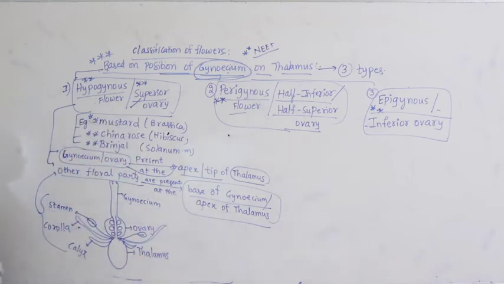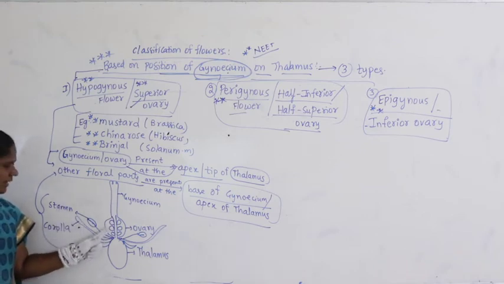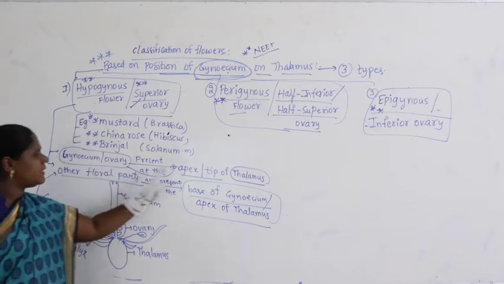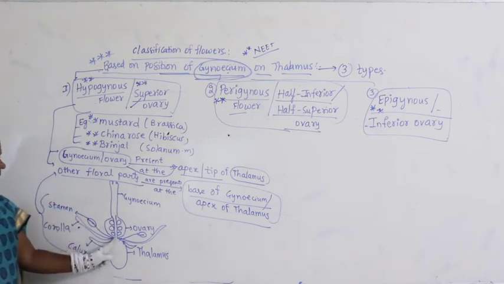We are talking about two things. One is the position of the gynoecium, where it is located. At the tip or apex of thalamus.